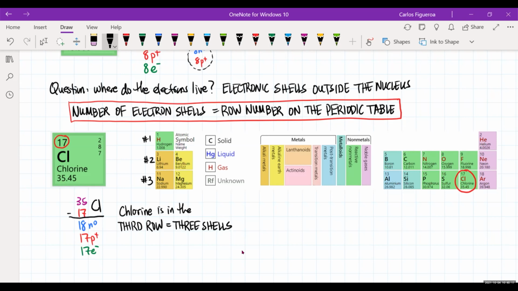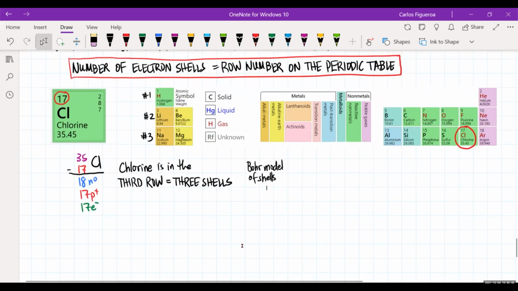So this is not quantum mechanics that I'm drawing. I'm actually drawing this image. This is what's known as the Bohr model of shells. And this is all we care about. We don't care about the quantum mechanical model because it's way more complicated than this.